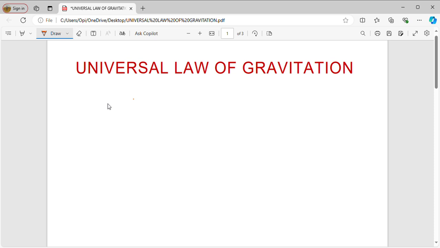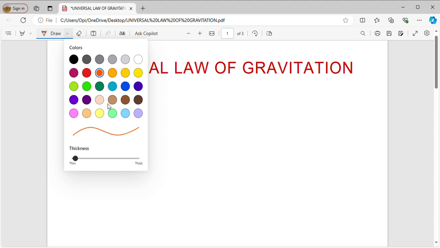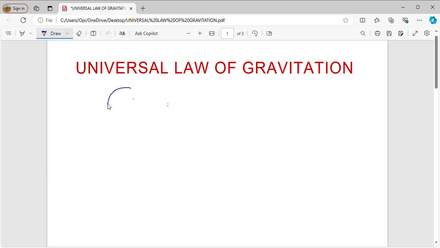Suppose, let's consider two objects in the universe. Say this is object 1, and this is another object 2. According to the universal law of gravitation, the force between them, which is denoted by capital F, is always proportional to the product of their masses.